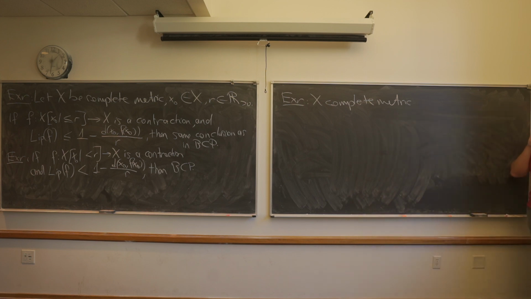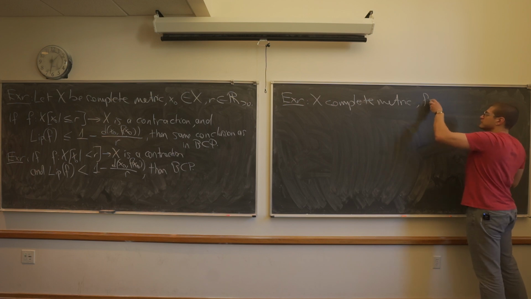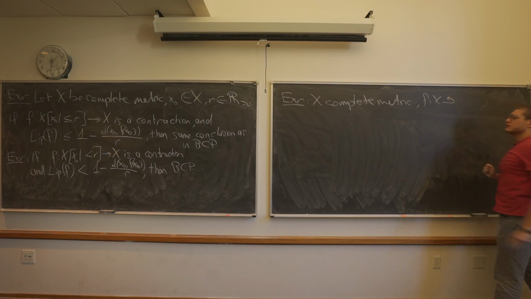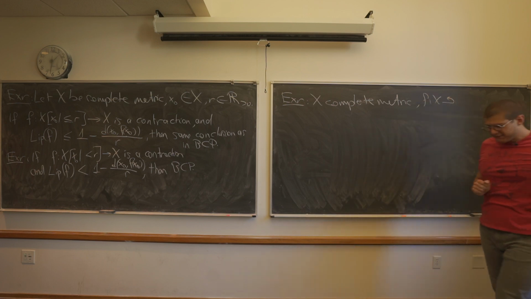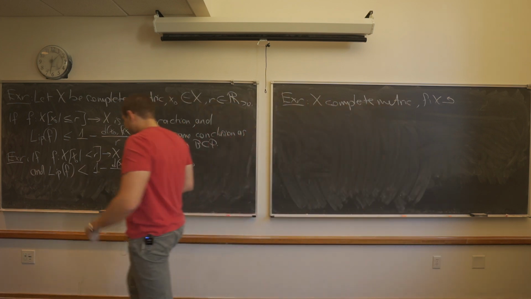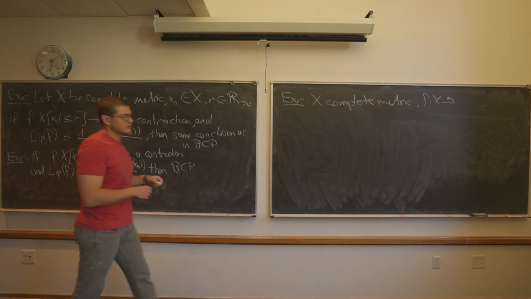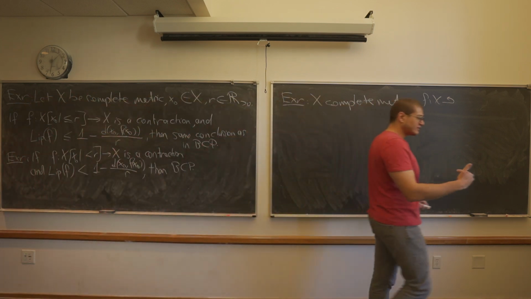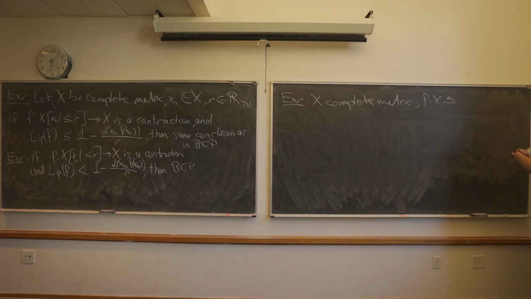Let's again start with a complete metric space and a function defined on it. If f is what some people call eventually contracting, so maybe f doesn't contract in one step, it contracts after some time.